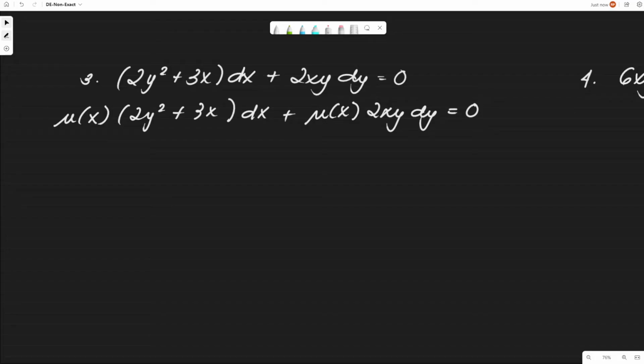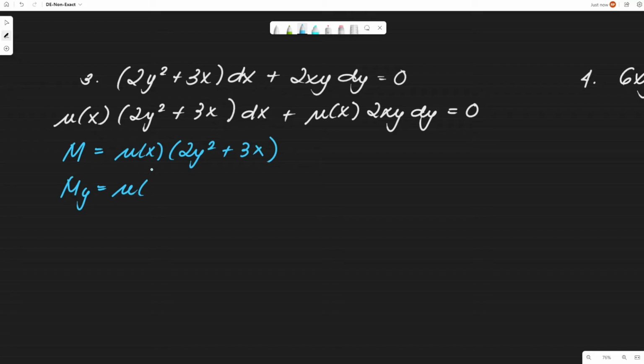So we have here our m. Ang m natin is mu of x times 2y squared plus 3x. Then we have our my is equal to mu of x times 4y. 4y na lang.